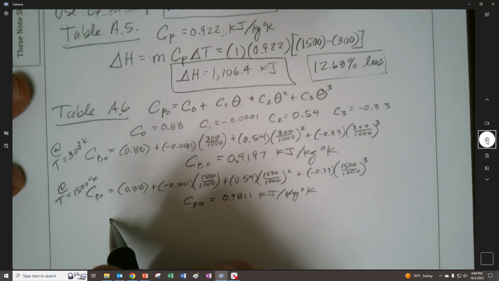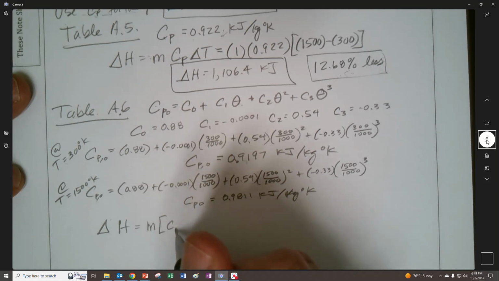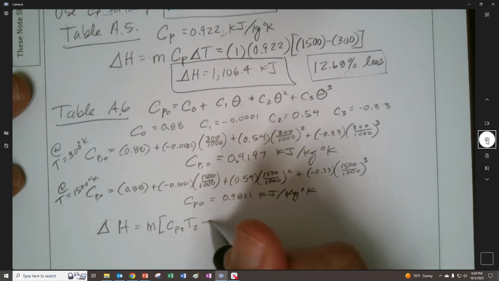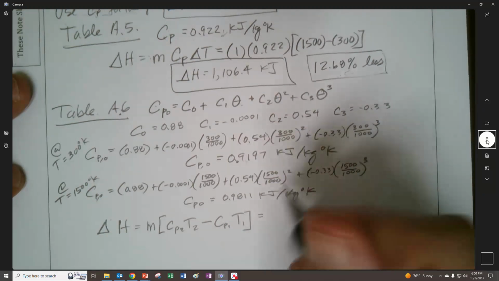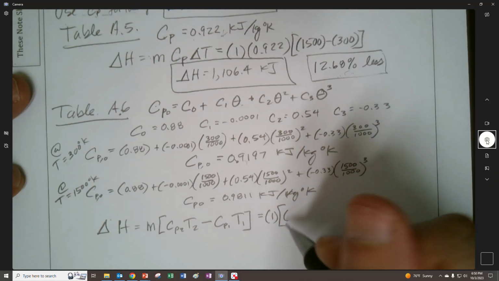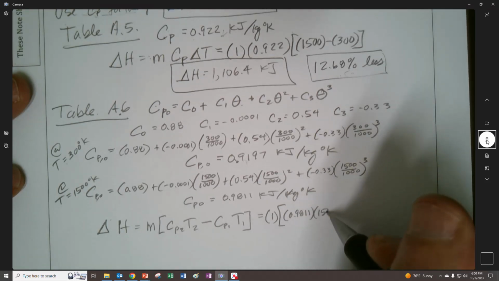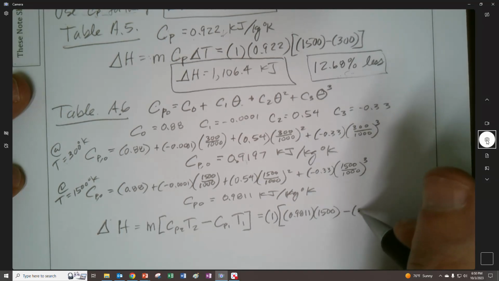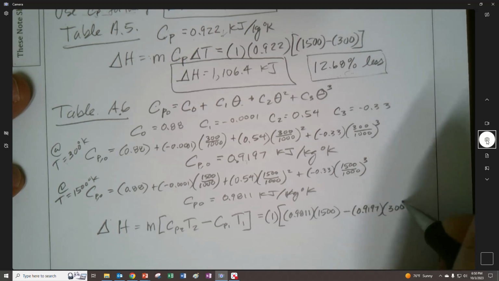So now let's have our delta H be m times Cp2 T2 minus Cp1 T1, or 1 kilogram times 0.9811 times 1500 minus 0.9197 times 300.